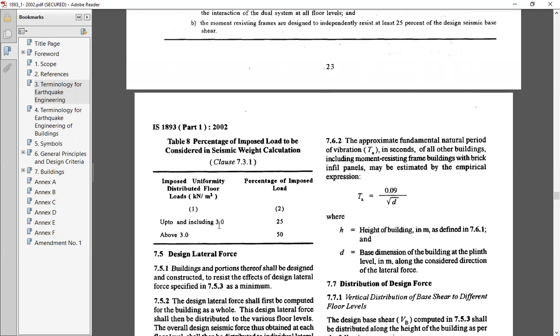Okay, when the live load is up to and including 3, we should consider only 25% of the live load. And when the live load is above 3, we should consider 50% of the live load. So this is what the IS code says as far as the live load calculation of the seismic weight is considered.